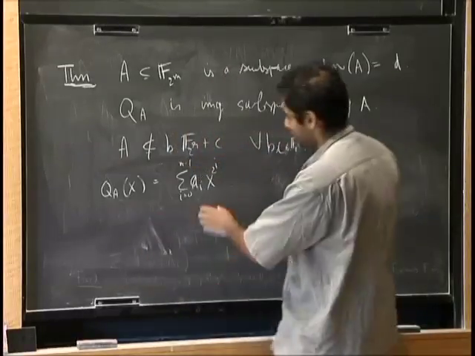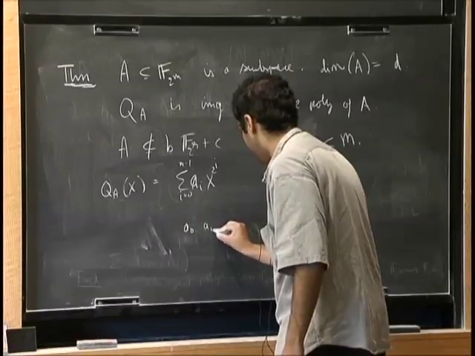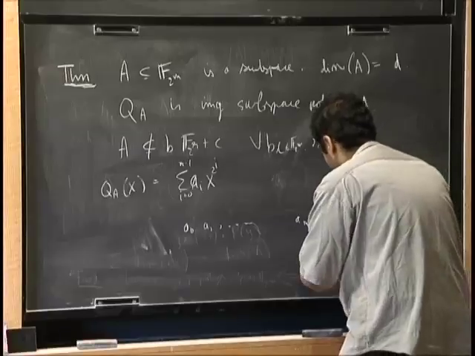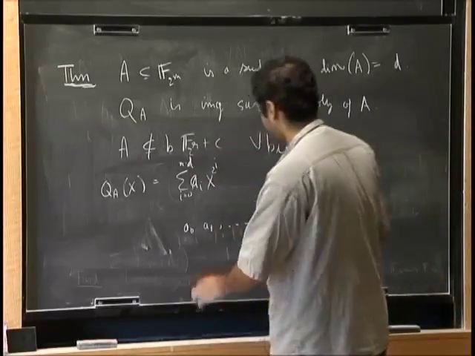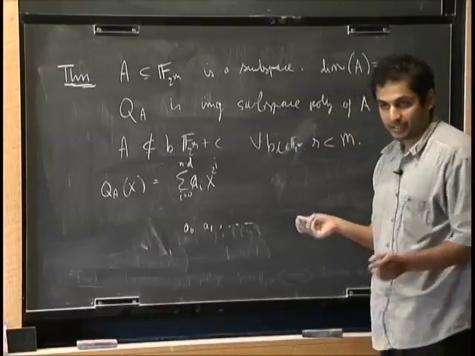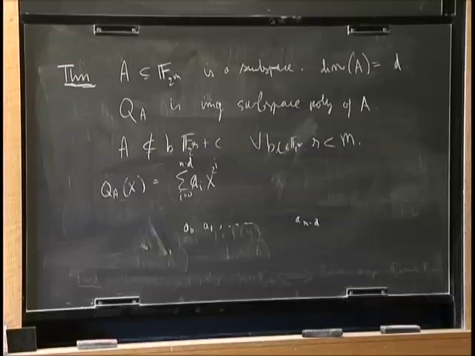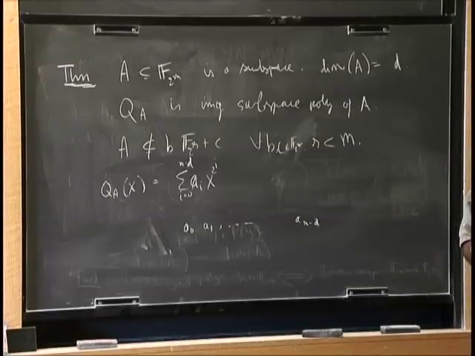Right, so look at these coefficients. I write a_0, a_1, up to a_(m-1), but actually m minus d. Look at the coefficients of this. Then there is no interval of length d minus 2 where all of them are 0. You cannot have an interval of very long length where all the elements are 0.